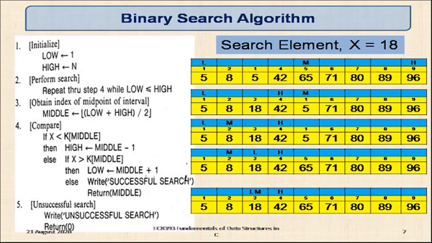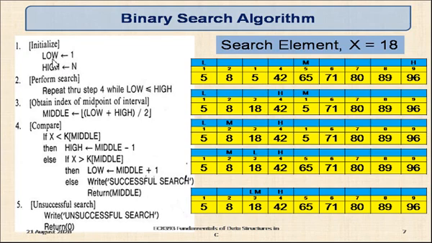Let us see the algorithm. So this is the algorithm. I have taken an example, a set of 9 elements, as you can see here, and I am searching for the value 18. Now let us go through the algorithm.